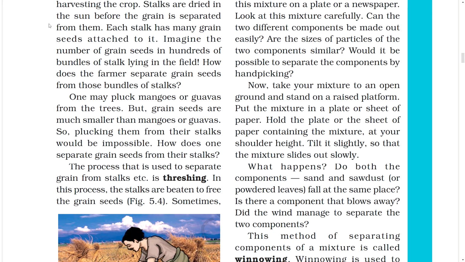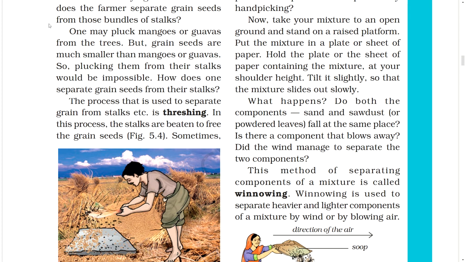Do both the components, sand and sawdust or powdered leaves, fall at the same place? Is there a component that blows away? Did the wind manage to separate the two components? This method of separating components of a mixture is called winnowing. Winnowing is used to separate heavier and lighter components of a mixture by wind or by blowing air.